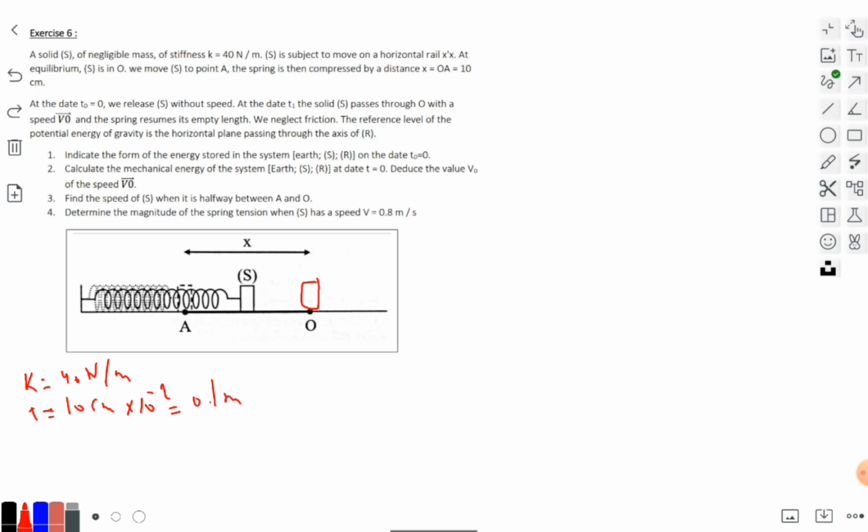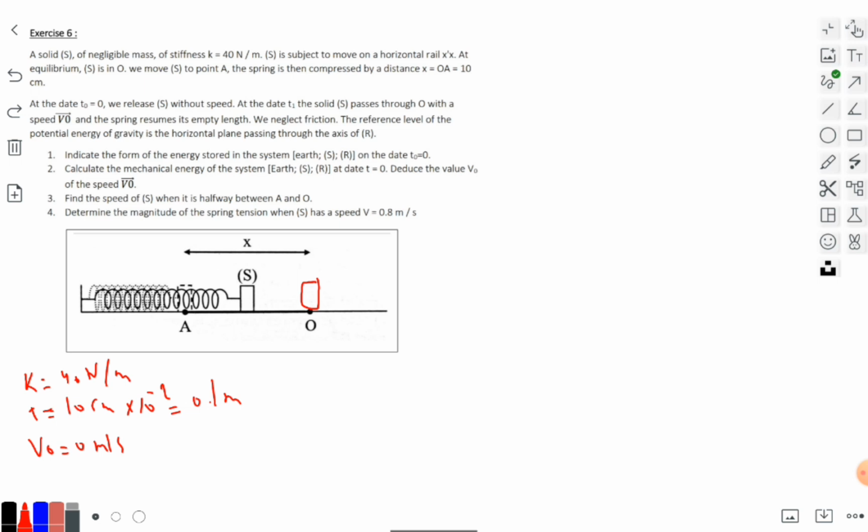At the date t0 equals 0, we release S without speed. So V0 equal to 0 meter per second. At the date t1, the solid S passes through O with a speed V0, and the spring resumes its empty length.